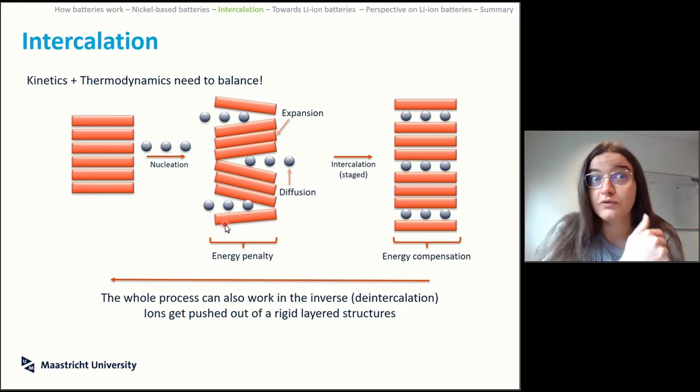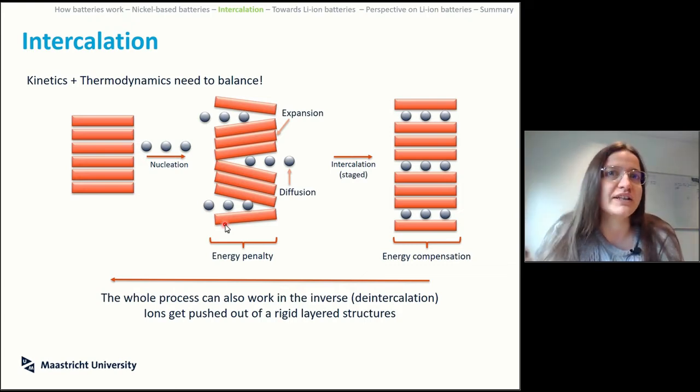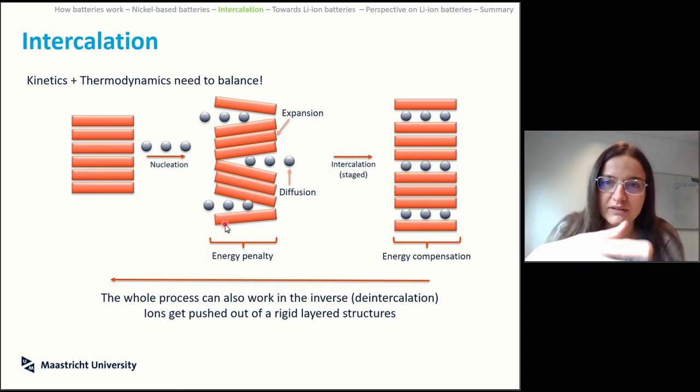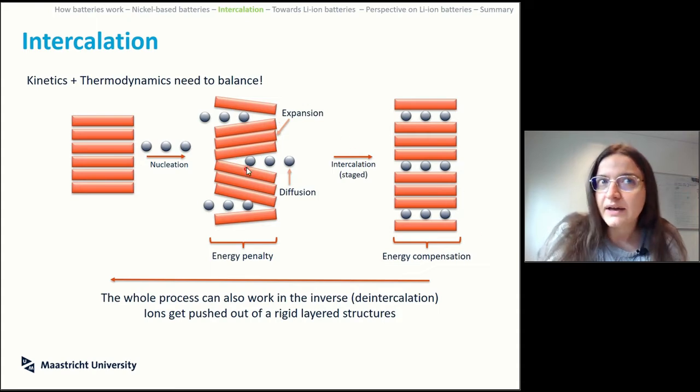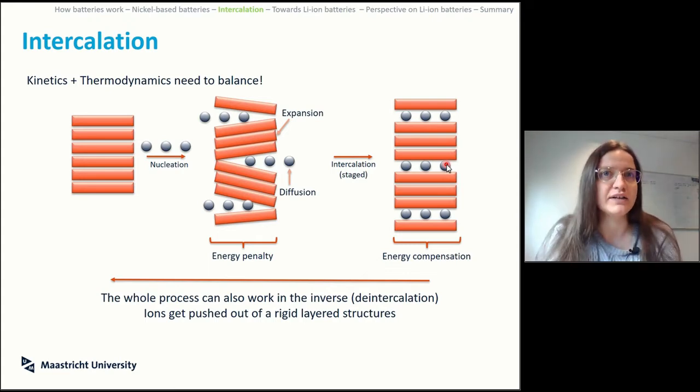So if you want to know where the most energetic effort for the structure is, it will be at this point of the expansion. Why do you not start with every layer occupied? Because this energy penalty is reduced if you manage to do a staged type of intercalation.